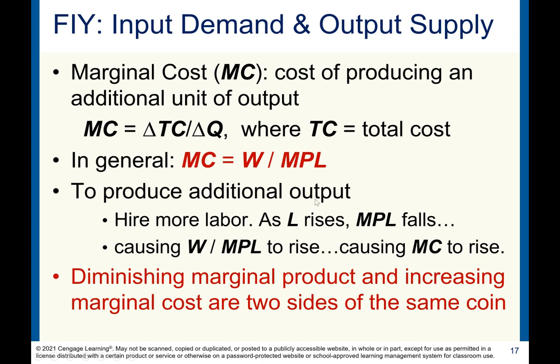To produce additional output, hire more labor. As L rises, MPL falls, causing W over MPL to rise, causing MC to rise. Diminishing marginal product and increasing marginal cost are two sides of the same coin.